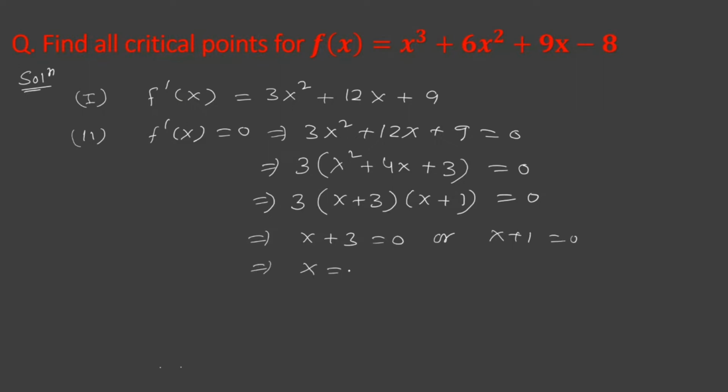So this implies x is equal to minus 3, minus 1. And both the points are in the domain of the function f(x). So step 3, the critical points, sometimes we just short it as CP, are minus 3 and minus 1.